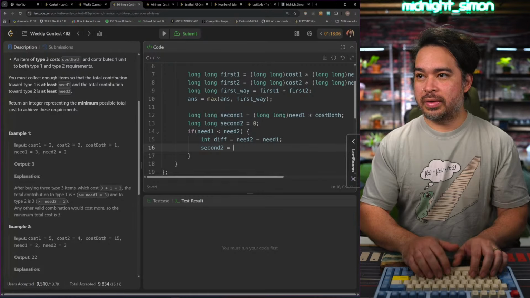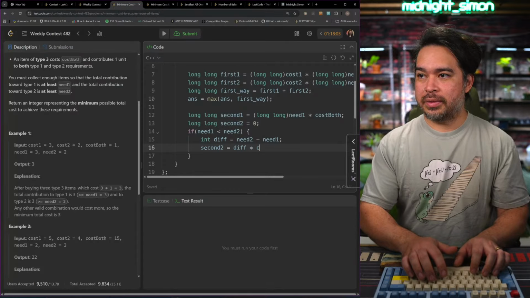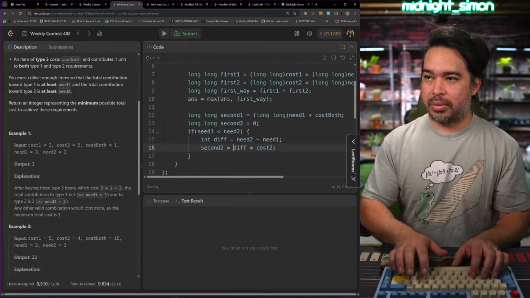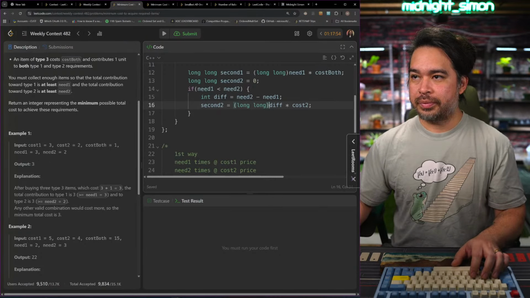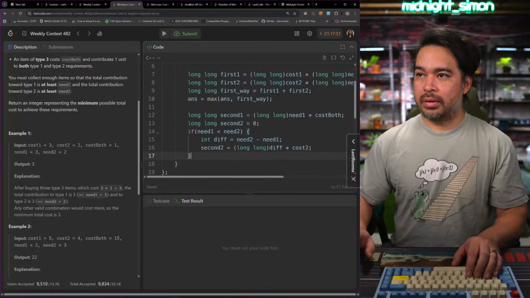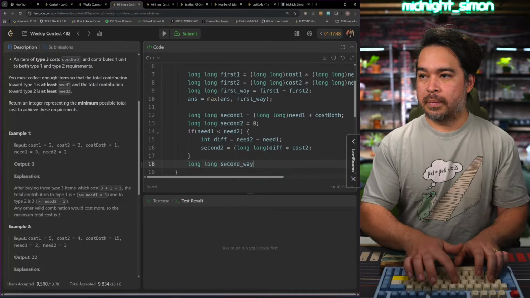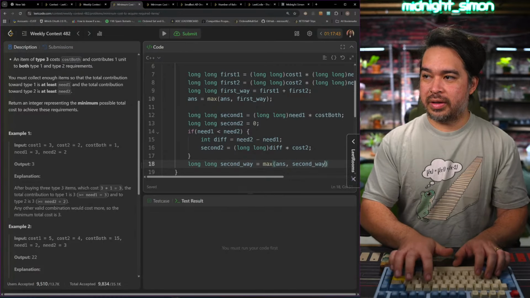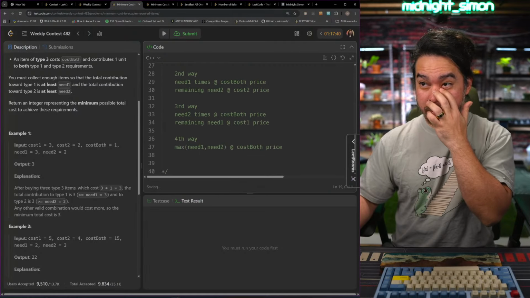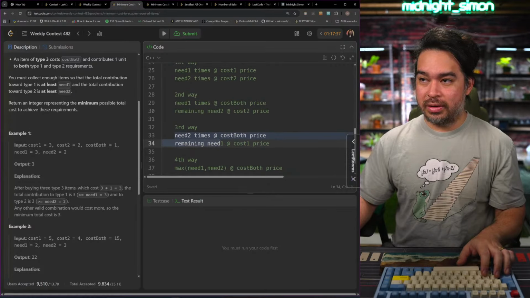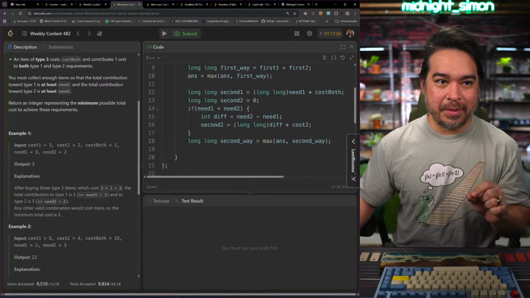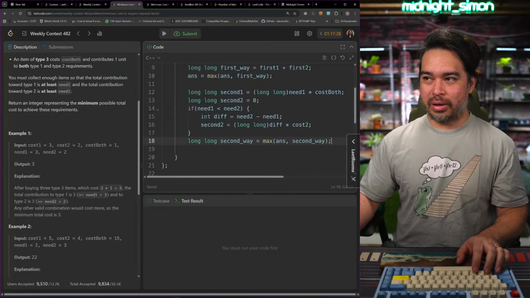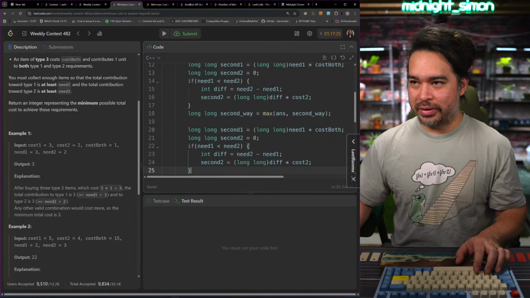Second is diff times cost 2, and we have to cast probably any of them. Alright, that's the second way. The third way was the same thing, but need 2 at cost. Anytime I copy and paste stuff like this, I always forget to change something and I end up with a bug. But I'm gonna do it anyways.